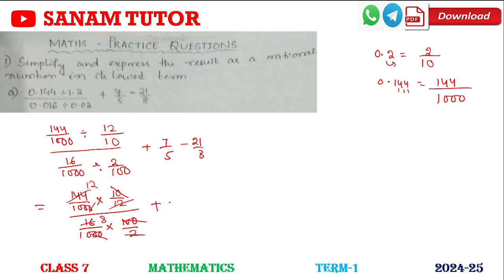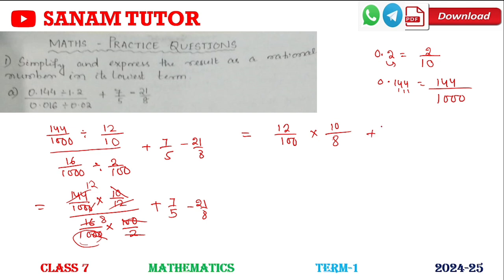Okay, so now plus 7 by 5 minus 21 by 8. Now it equals 12 divided by the remaining 100, and the second rational number becomes its reciprocal, so into denominator 10 divided by numerator 8.